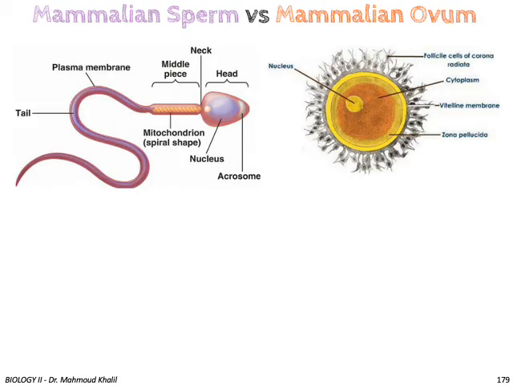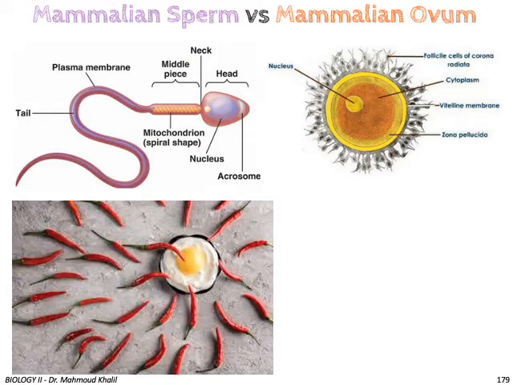You can see here a figure representing sperm and ova, and you can see the regions of the sperm, while the ova have mostly cytoplasm, surrounded by a membrane called the vitelline membrane, and have follicular cells for nourishment around the ova. This is a nice photo showing the process of fertilization and how sperm try to penetrate the egg.